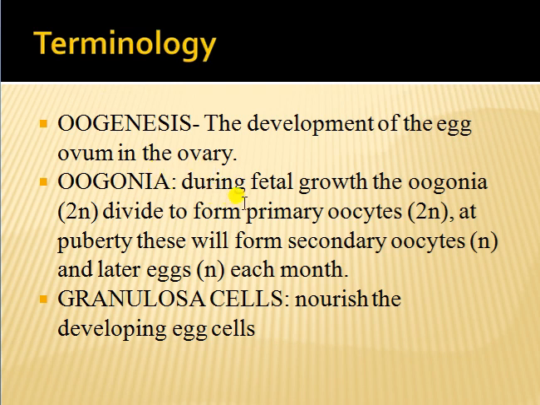Oogonia: that is in the ovary. During fetal growth, the oogonia divide to form primary oocytes by the mitosis process. At puberty, these form the secondary oocytes through the meiosis process, so that it forms the single N. The granulosa cells present around the oogonia nourish the developing egg cells.